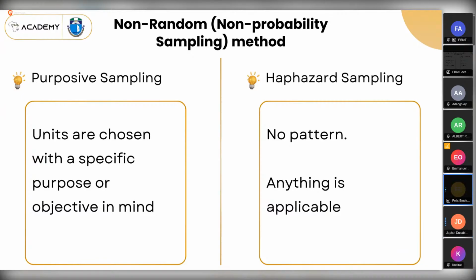So the other one is purposive sampling, where you choose the units with a specific purpose or objective in mind. For example, there was one study we did, which is actually a clinical trial, in 4 states here in Nigeria. My state was one of those states that did that trial.